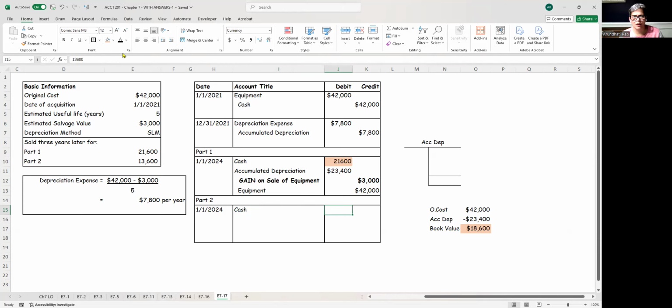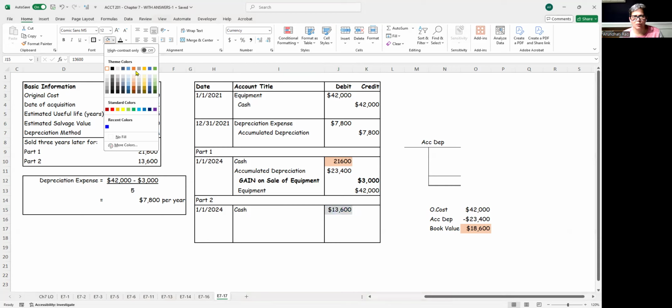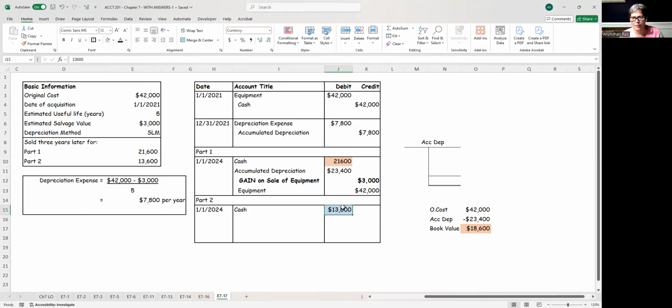The difference now is I received 13,600. Okay, accumulated depreciation is that same number. That doesn't change. My book value, the original cost, is the same, 42,000. So those numbers have stayed the same. Let me highlight that in yellow. So those numbers are the same.